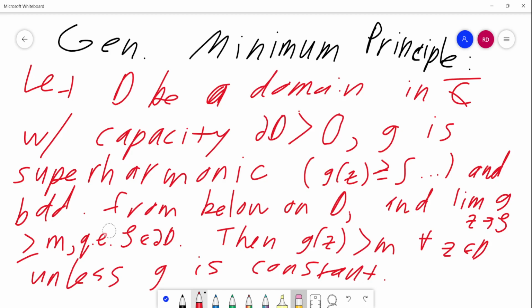That's probably also why we insist capacity be positive up above, because if it were 0, then a 0 capacity set inside another 0 capacity set wouldn't necessarily be negligible. But this will do the work for us here. We'll just do a little find and replace here. D will become omega.